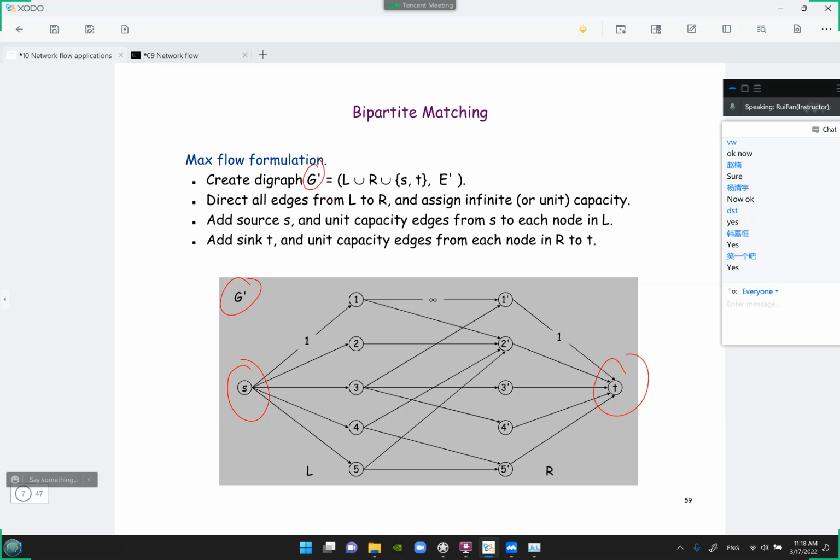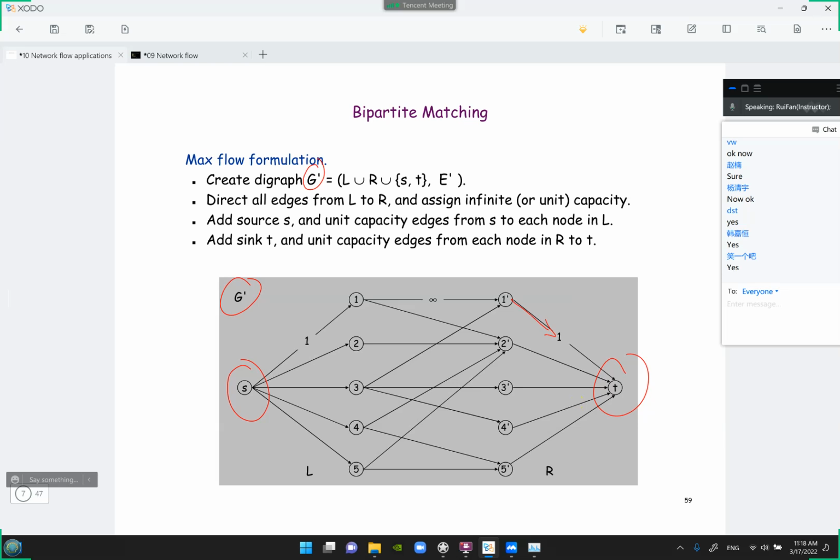In G prime, we add S and T, and you connect S to every single node on the left, and you connect T to every single node on the right. So you have edges which go from S to every left node, and edges which go from every right node to T.